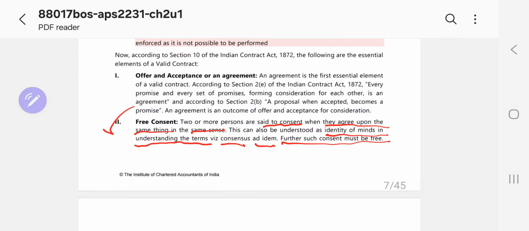If one party is agreeing to one thing and another party is agreeing to another thing, there should not be any contract between those parties, because both the parties are agreeing to different things only. So to become a valid contract the minds should be the same. Both the parties should think in a similar way or agree to similar things. Then in that case that agreement is called a valid contract.